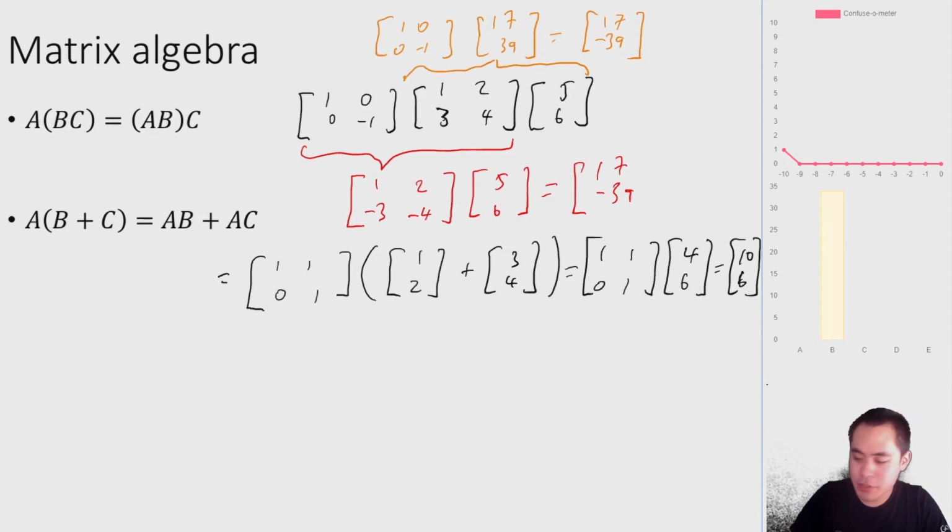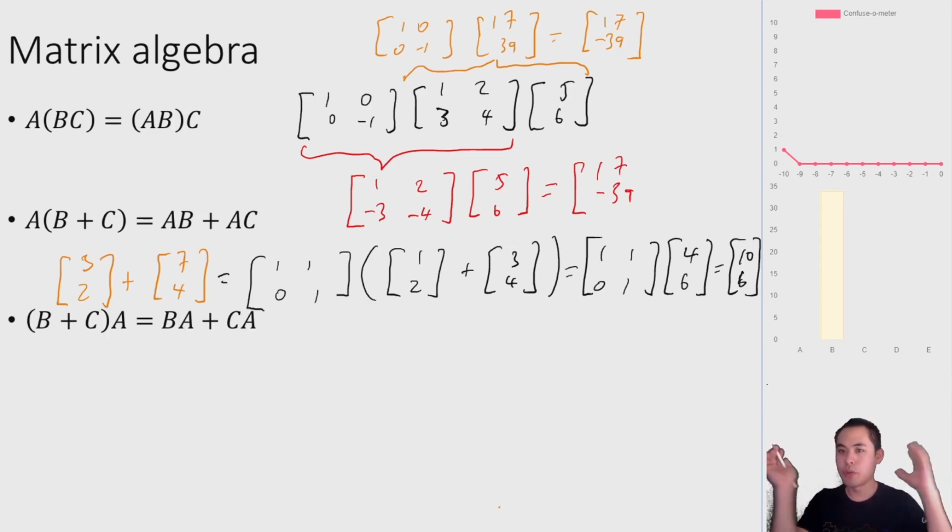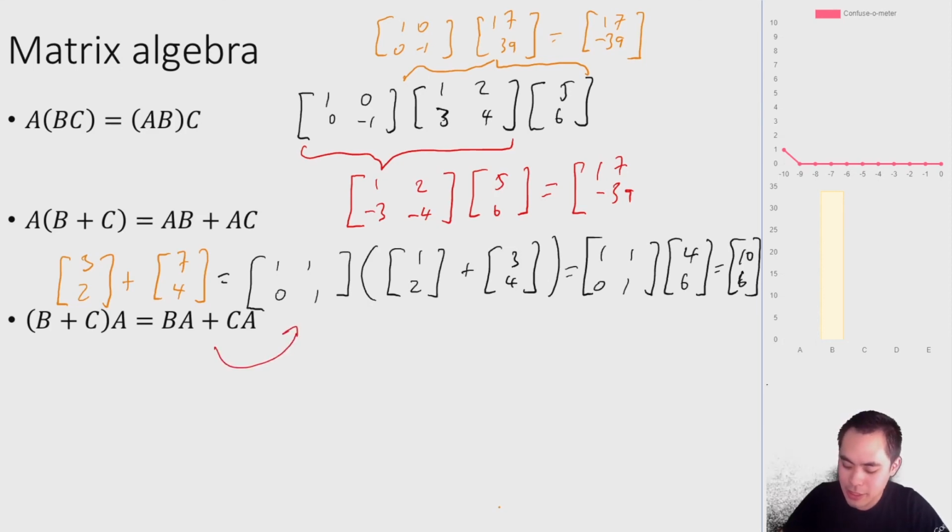On the other hand, if we do it the other way, you end up getting [3; 2] plus [7; 4], which of course also equals [10; 6]. This distributive property also works the other way, if you multiply on the other side, but I'm not going to write this out, it's basically the same idea.